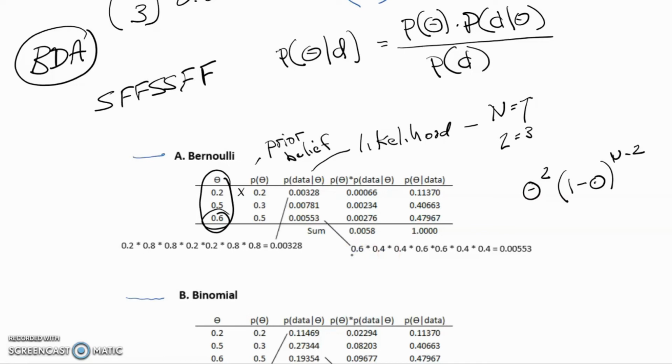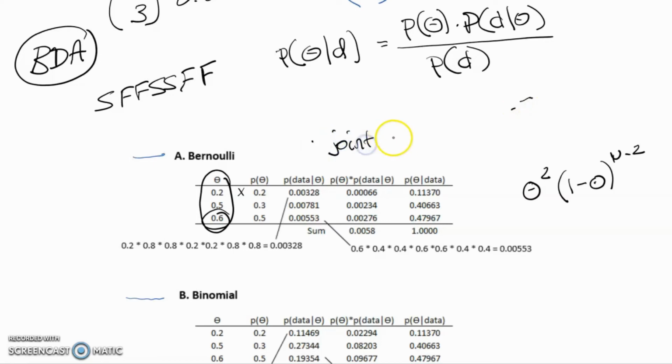What we have here is our joint distribution. In other words, the probability of theta and data. We get that by multiplying the probability of theta times the probability of data given theta, and that gives us this. So you multiply the 0.2 by this, you get this, so on and so forth.